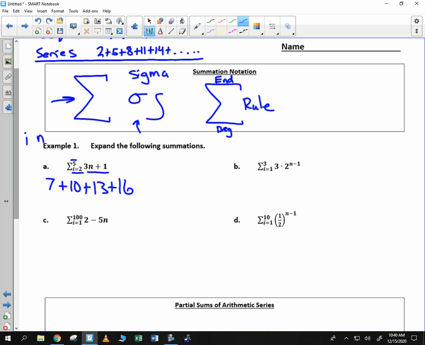So this was for i equals 2, 3, 4, 5. So we started at 2 and we ended at 5. So that's the expansion. So what you need to understand is that this is the same thing as that. Okay?